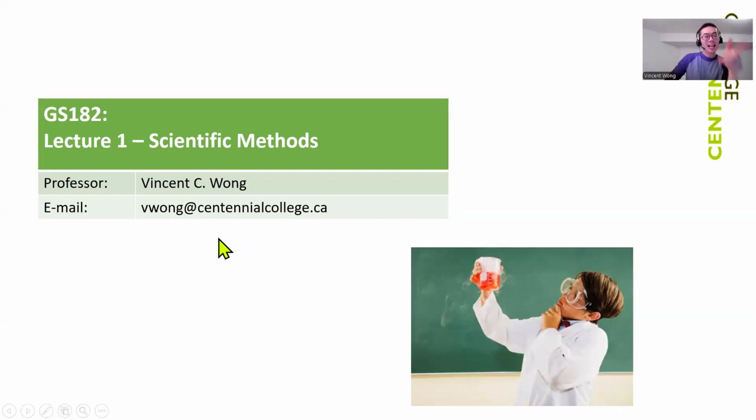Anyway, so this first lesson is called scientific methods. It's not exactly 100% biology yet, but it's an important concept to learn because it applies to not just biology, but science in general.